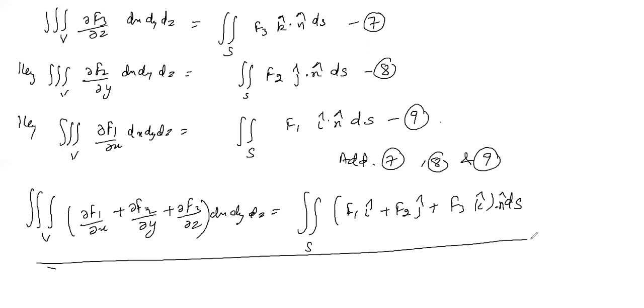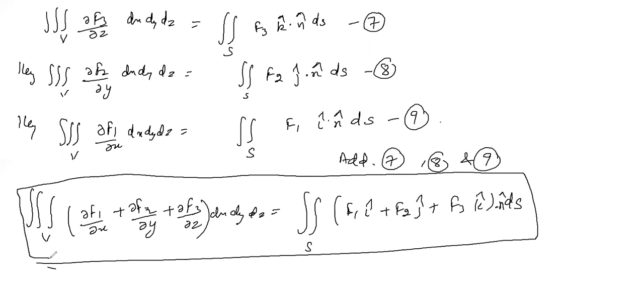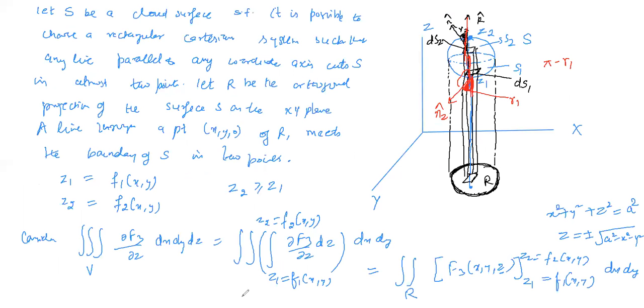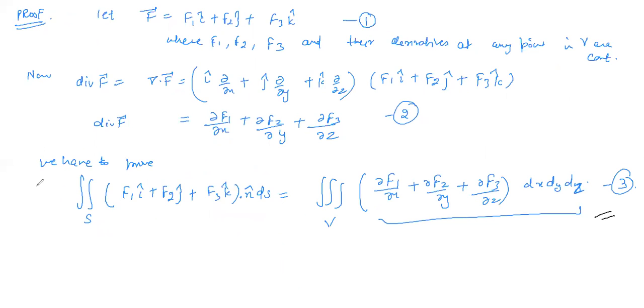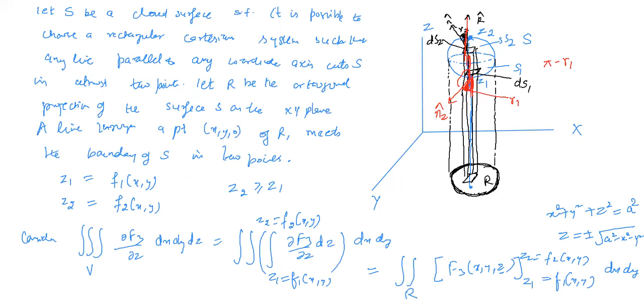So this was the equation that we are to prove. See this thing, this is equation number 3 which I have written here that we have to prove. So this is proved here.